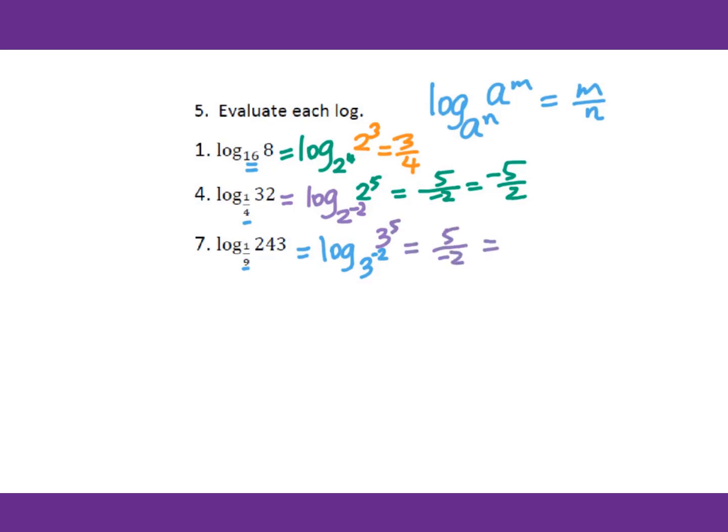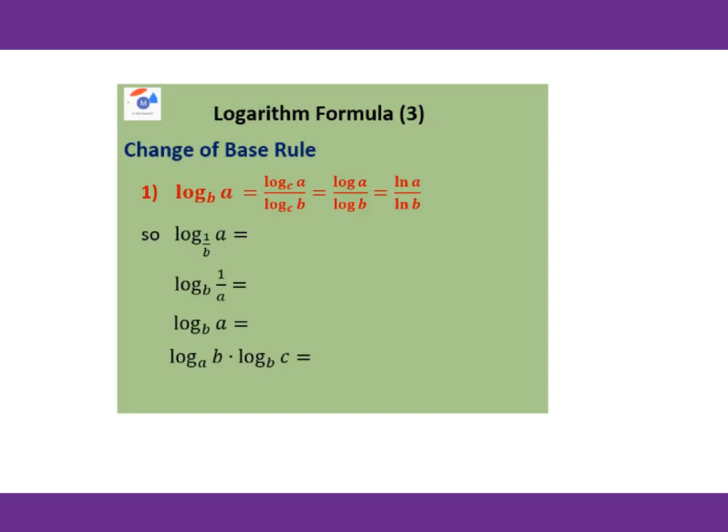You will get -5/2. When base is a complicated number like 16, 1/4, 1/9, use this formula. When your base is an easy number, then we use log base a of a to the r's power equals r. For formula 3, change of base rule.